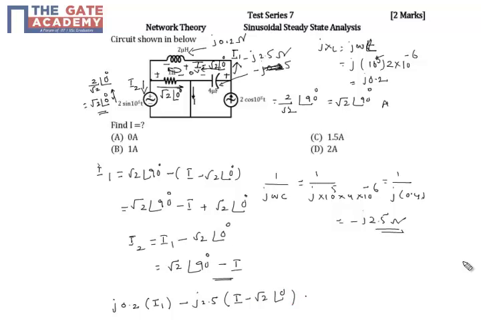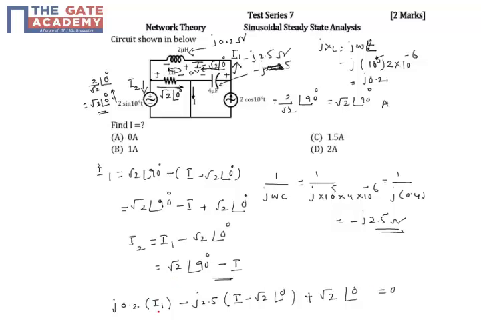Next, the voltage across the resistor is positive, because I am moving in this direction: this is positive, this is negative, and this is positive. So plus the voltage here, root 2 at an angle of 0 degrees, is equal to 0.